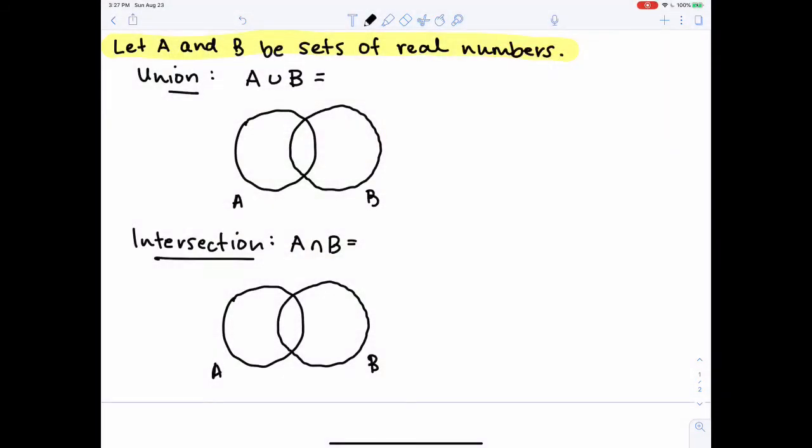Given two sets, A and B, of real numbers, you can combine them or you can intersect them. And if you combine them, that's what's called union. So A union B, when you put the two sets together in a union, it should be the collection of all x that are real, such that x is in A or x is in B. It could be in either one, it could be in both sets.